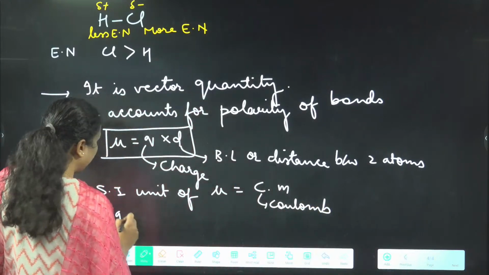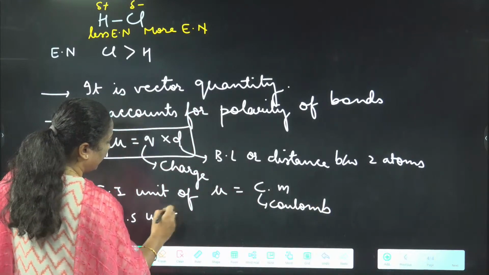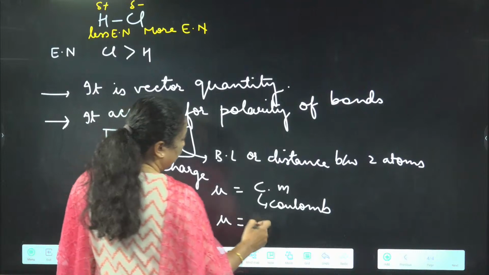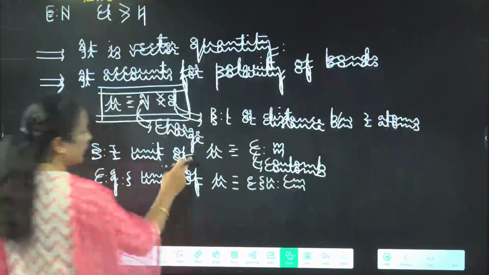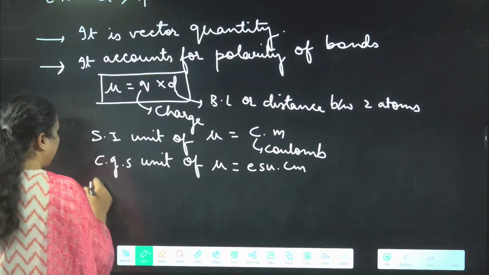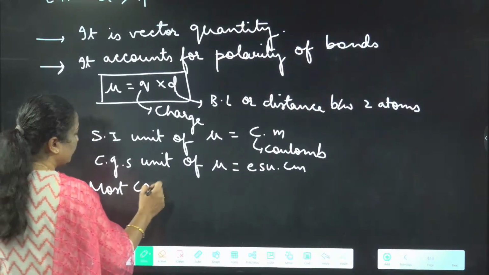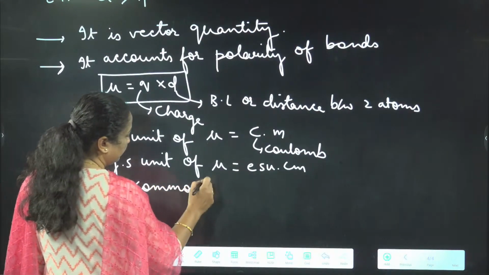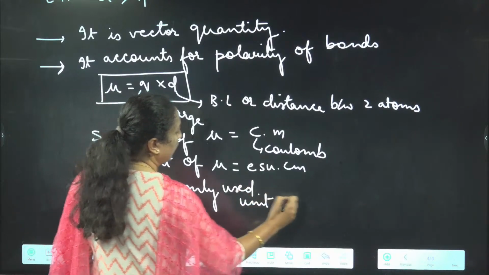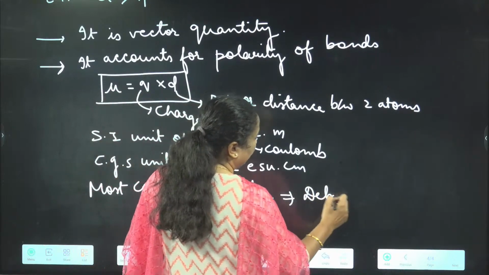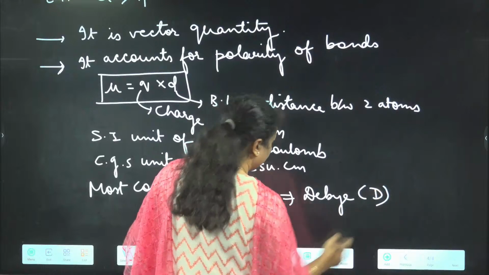And what is the CGS unit? The CGS unit of mu is basically ESU, electrostatic units, ESU centimeter. And the most commonly used unit is the Debye, based on the name of the scientist who gave this concept.